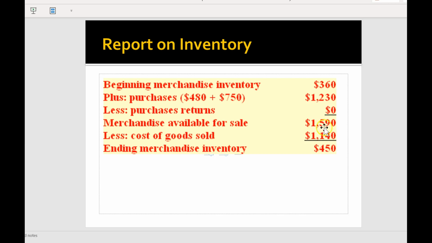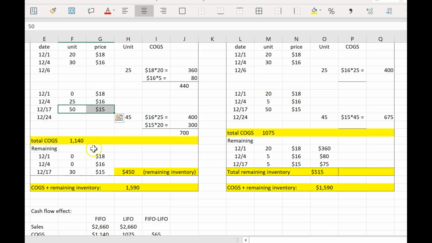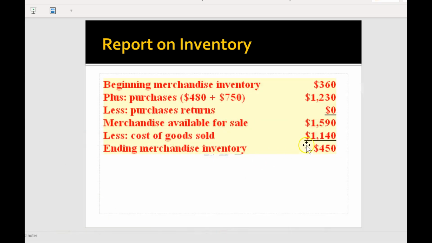So the inventory available for sale would be either going to our cost of goods sold or would be our remaining inventory. So the cost of goods sold in this case is 1140. We see here 1140. So remaining inventory we can calculate from the remaining units, but it's also available for sale minus cost of goods sold.